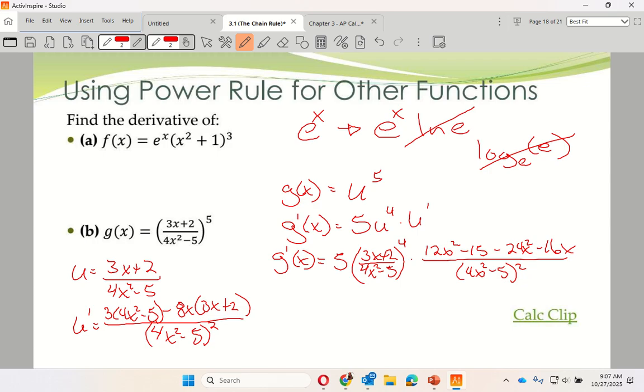Could we do a real quick one though? Yeah. So e to the x times x squared plus 1 to the third.